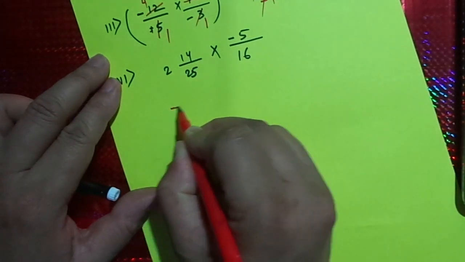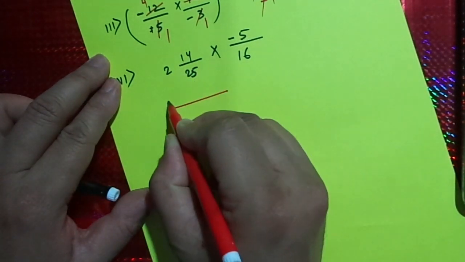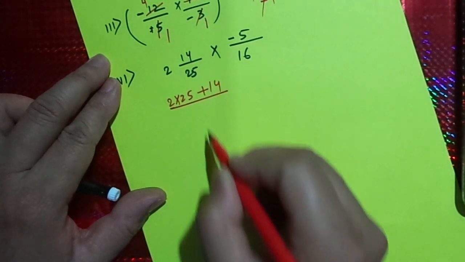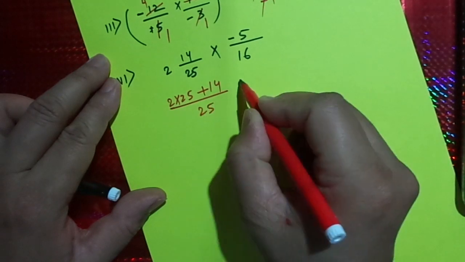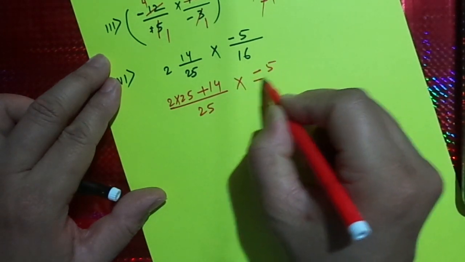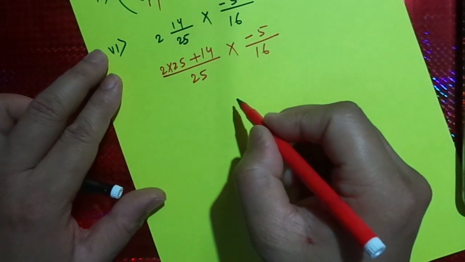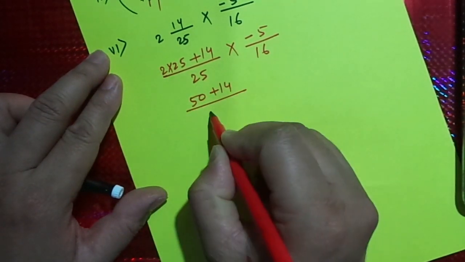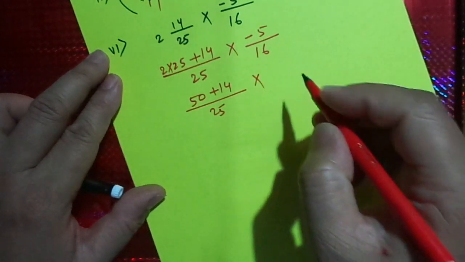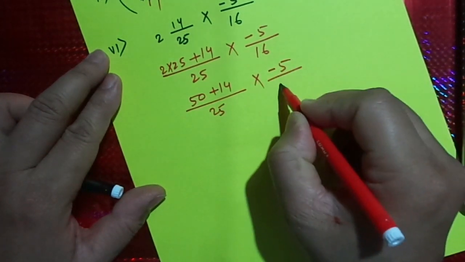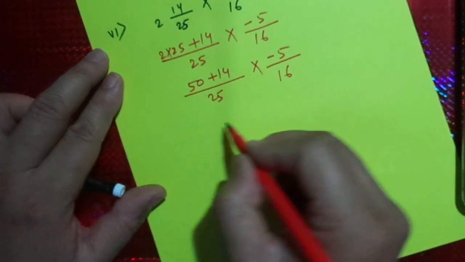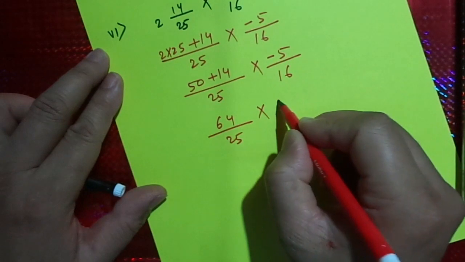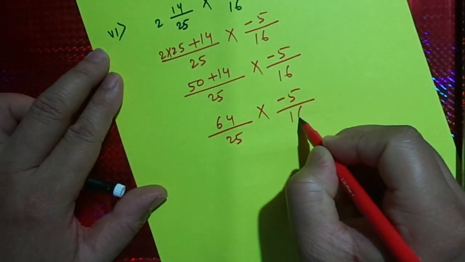How shall we do so? 2 times 25 plus 14. This 25 remains over here, multiplied by minus 5 by 16. So 25 2 times 50 plus 14 by 25 multiplied by minus 5 by 16. So here we have 64 by 25 multiplied by minus 5 by 16.